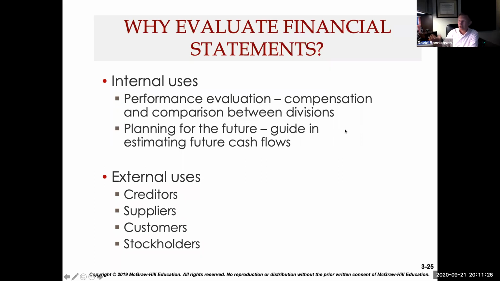External uses, possibly more important than internal. By looking at these ratios, by trending the ratios, it allows us to keep control over what we have. And if we're going out and trying to finance new projects with debt, and we know we're going to have to take on new debt, then we know we're going to have to eventually pay interest to the creditors.